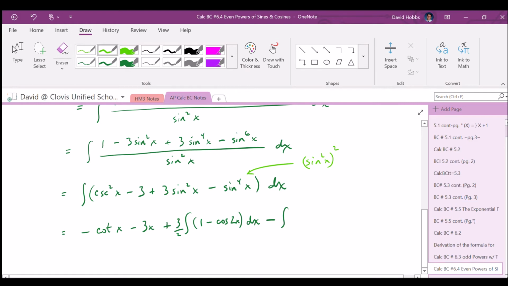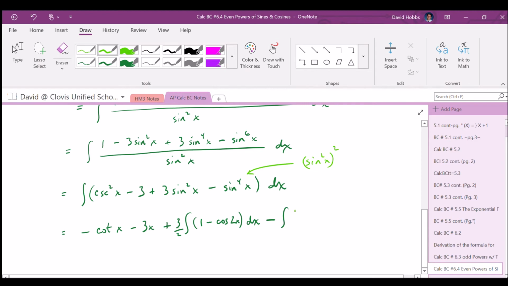Now, you might be thinking, okay, well, let's go ahead and make a substitution of 1 minus cosine squared x. You could, but it's not really helpful because cosine squared, you'd still have to do a half angle formula substitution. So really, we're just going to go ahead and do the half angle formula substitution for the sine squared x.